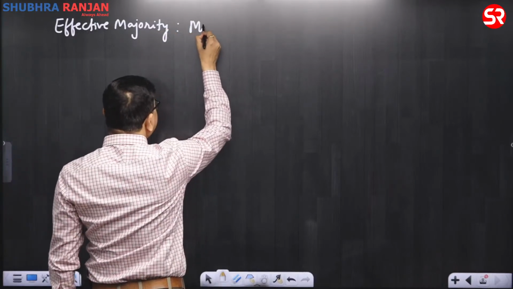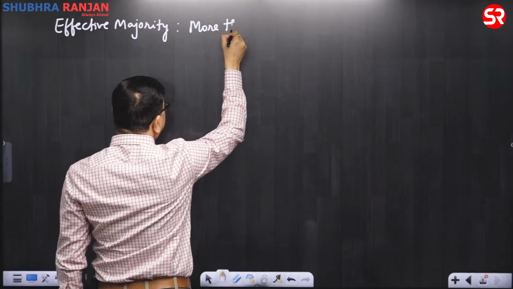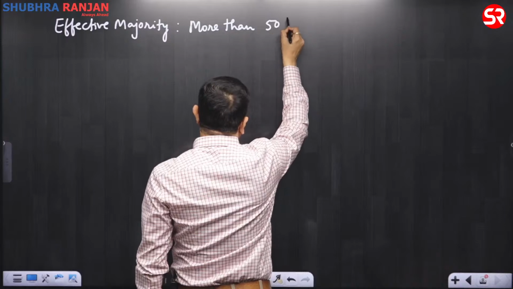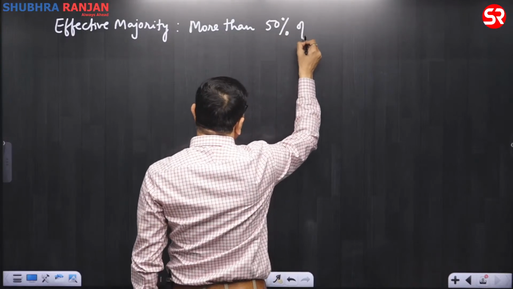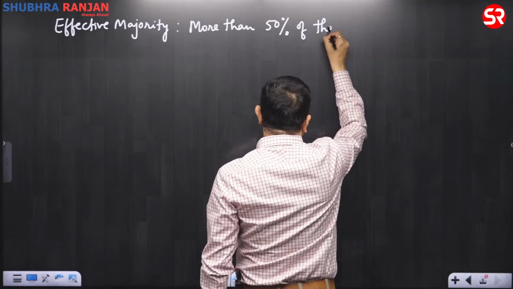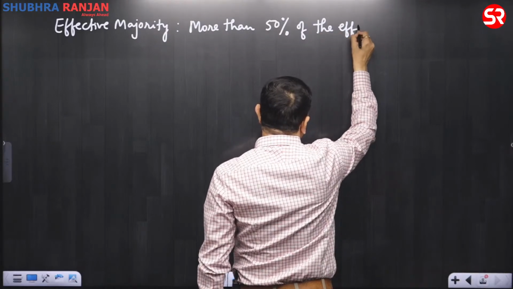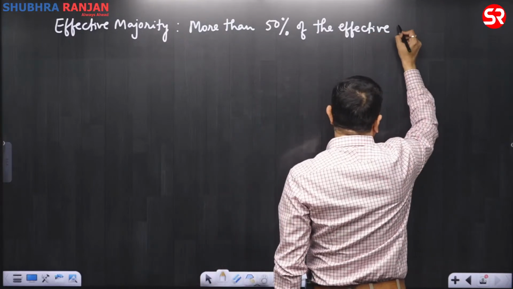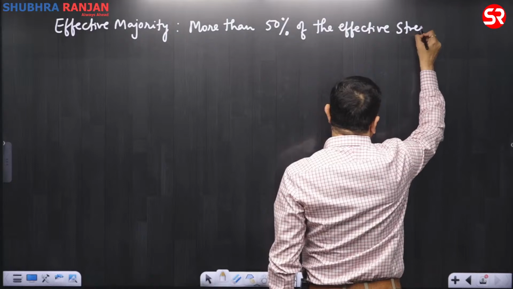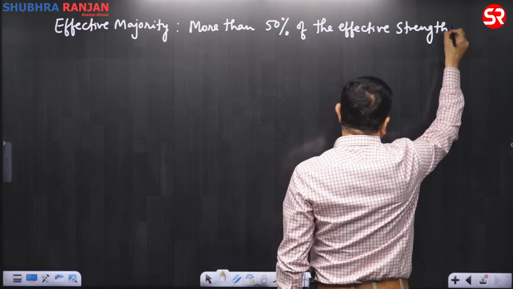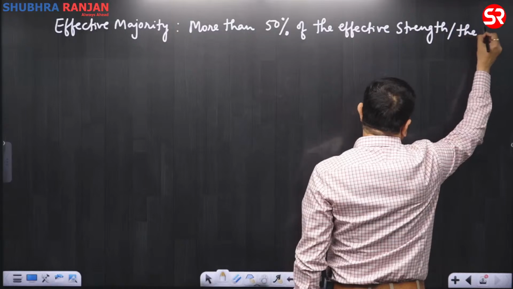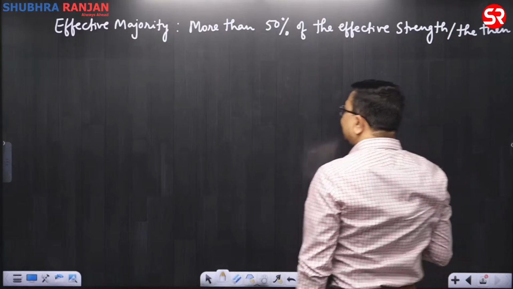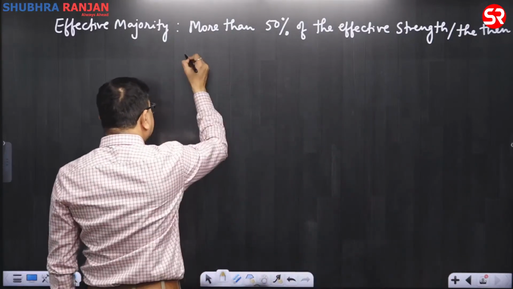Effective majority is more than 50% of the effective strength, or the then strength of the house.